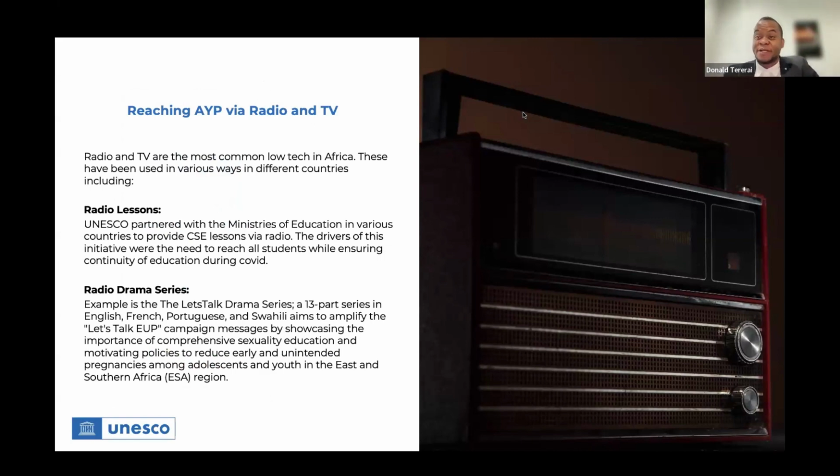So UNESCO has partnered with ministries of education in various countries, including, for example, in Malawi and in Zimbabwe, to provide CSE lessons via radio. So the driver for this initiative really was the need to reach all students while ensuring continuity during the COVID period.